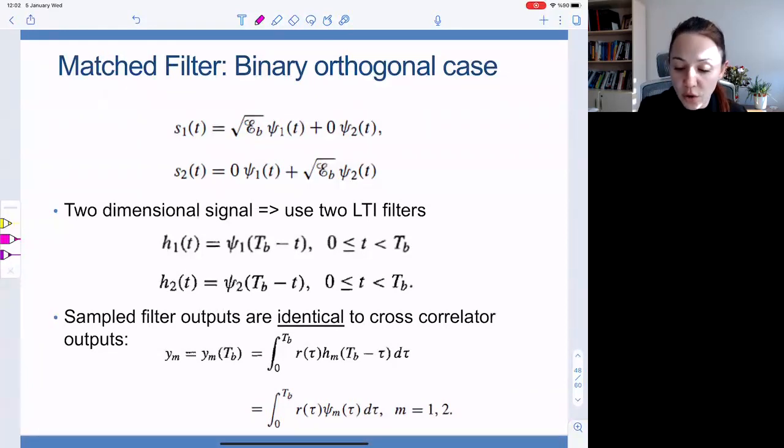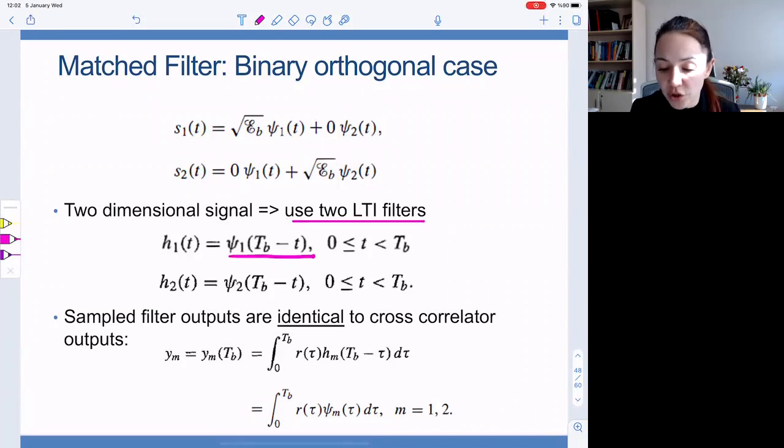So we can use two LTI filters, each of which is matched to a particular basis function. In general, if you had many signals, depending on the dimensionality of the space, you would need as many matched filters as the dimension of the signal space.